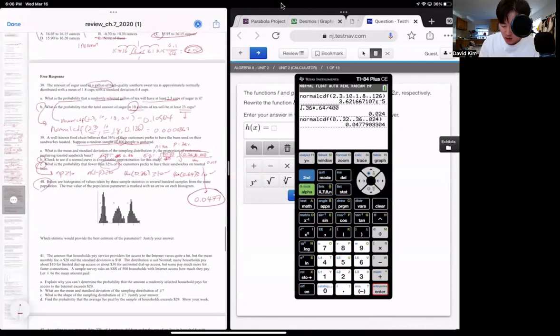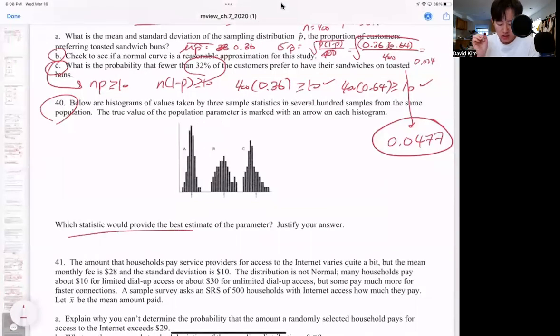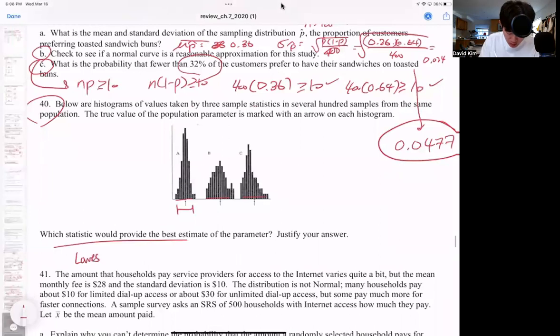Question 40. All right, only a couple more to go. Question 40: which statistic would provide the best estimate for the parameter? The major difference between these three distribution curves is that A has the lowest variability, and the mean is also along the center of the distribution.